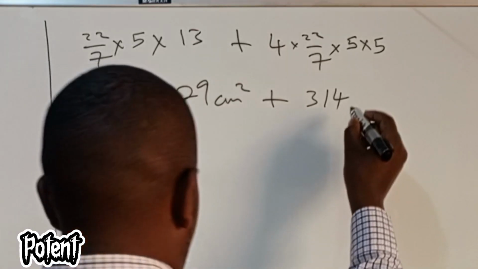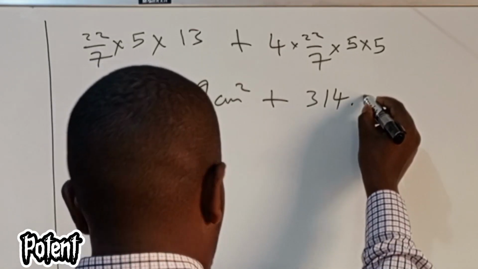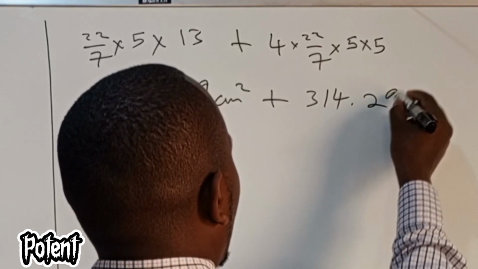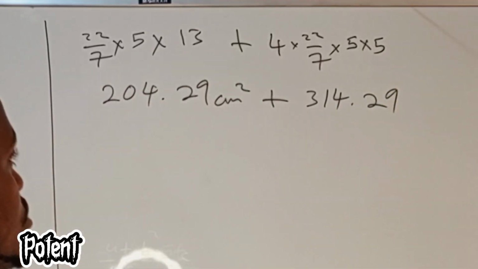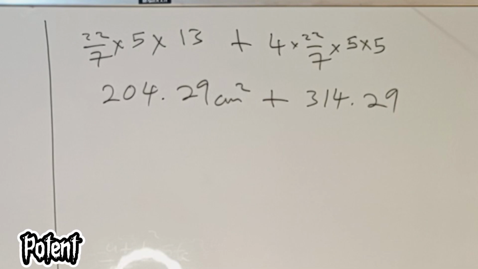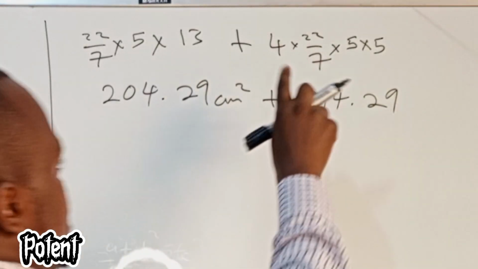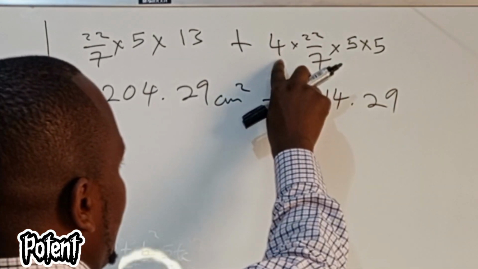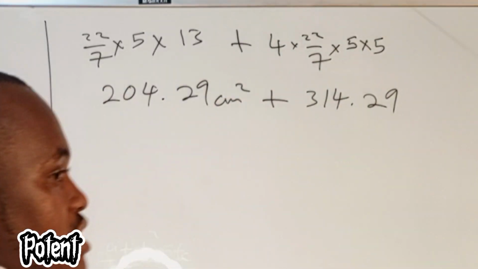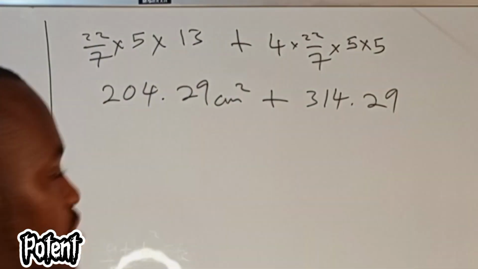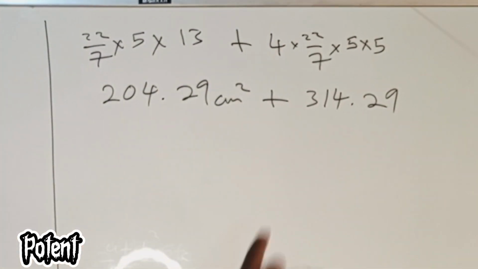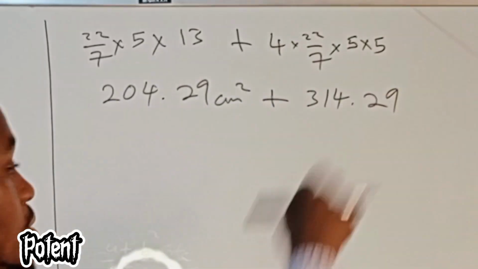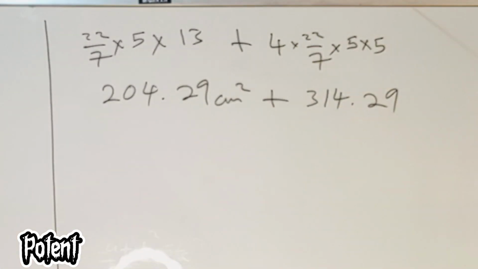I'm wondering because 22 over 7 is also written as 3.142. So the reason why is 4 times 25 is equals to 100. So if you use that formula of 3.142, you just change the position of the zeros.